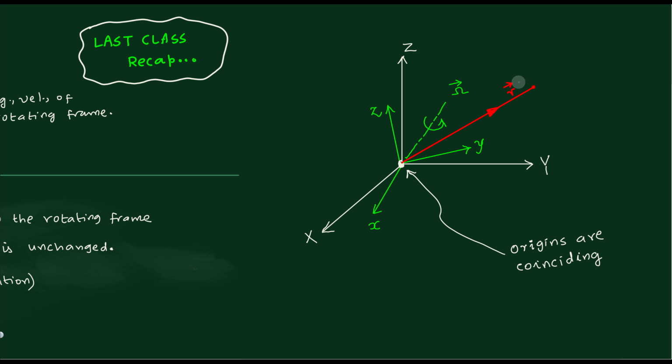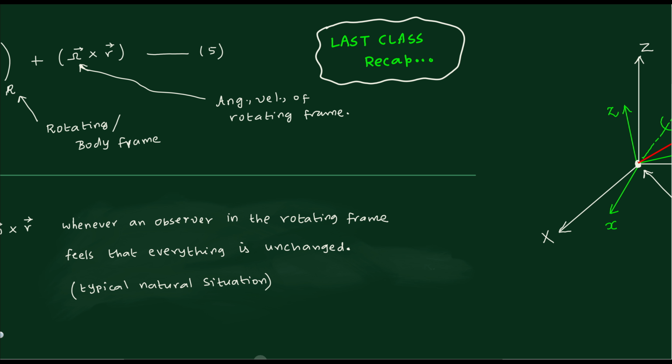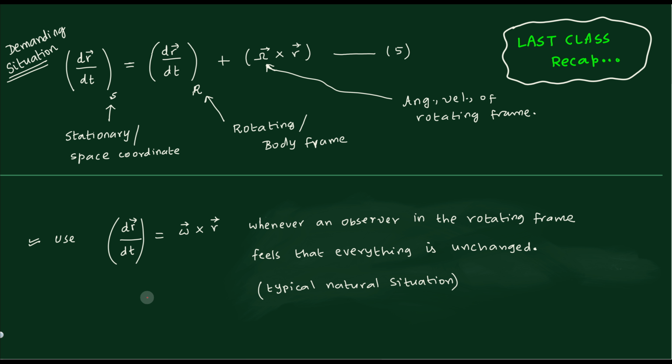That gives you, of course, the velocity and other calculations you can do. So the elementary, by which I mean fundamental, doesn't mean quite simple. It could be a little complicated, so fundamental would be a better term. The fundamental point that we were interested in is the time derivative of the position vector R. That's what we have done, and then we got the result that we have like this.